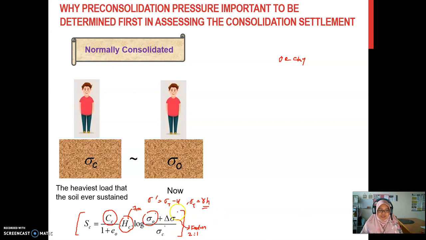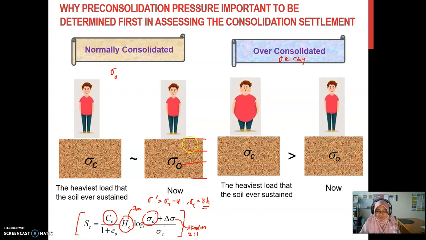I do some simple notes here. So what is stress naught? This is the figure of the current condition. For any soil formation that we have, let's say sand, clay, silty clay, silty sand, and so on, we just need to know the gamma value and the height.